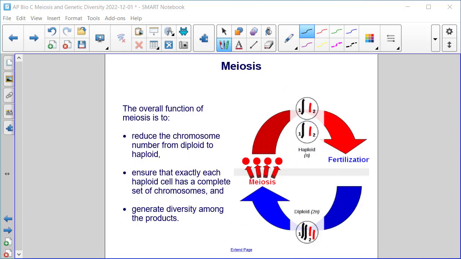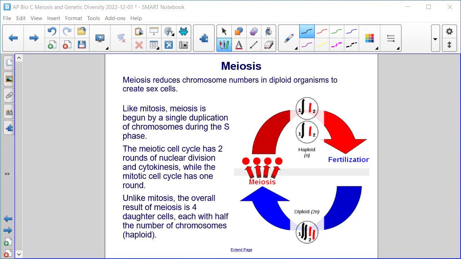The overall function of meiosis is to reduce the chromosome number from diploid to haploid, ensure that exactly each haploid cell has a complete set of chromosomes, and generate diversity among the products. Meiosis reduces chromosome numbers in diploid organisms to create sex cells.